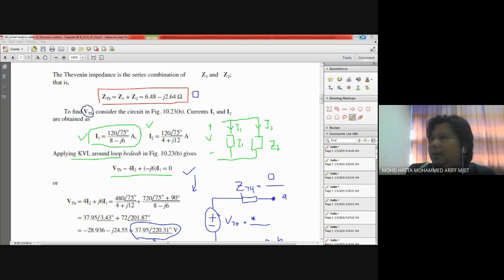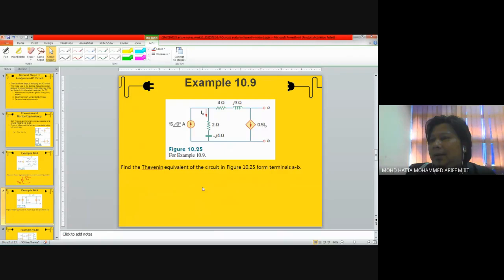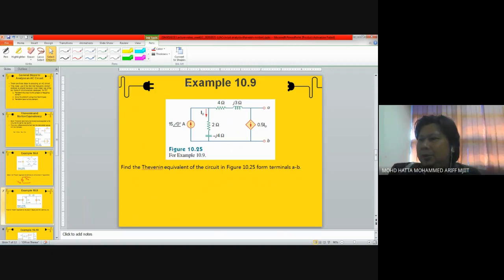All right, let's proceed to example 10.9. But basically, I don't want to explain this one because it is not included in your assessment, but it's a bit tricky, a bit hard, because we do have a dependent current source labeled as 0.5 IO over here.